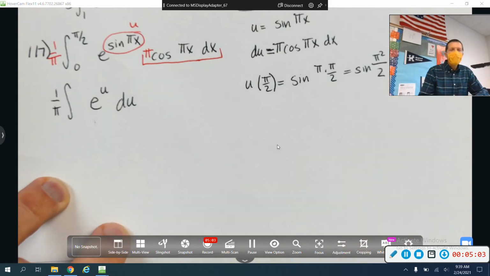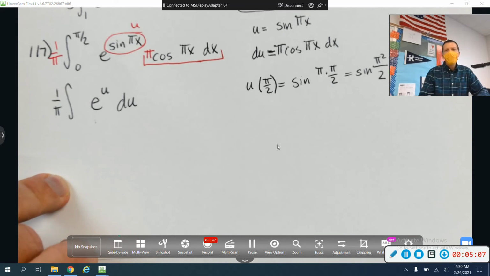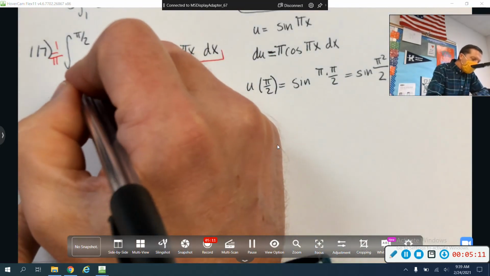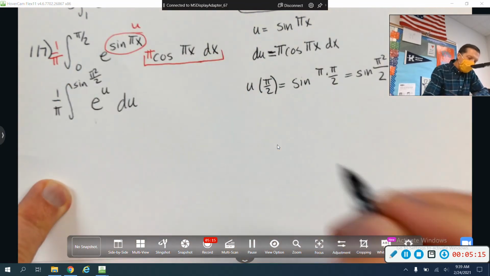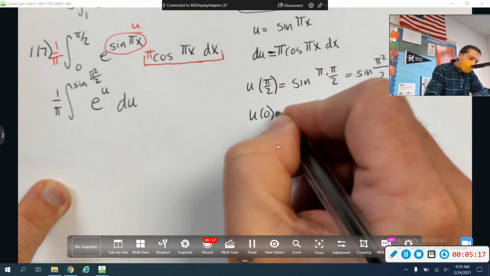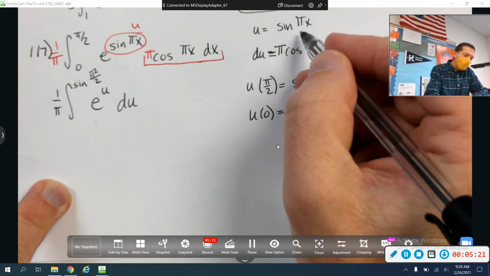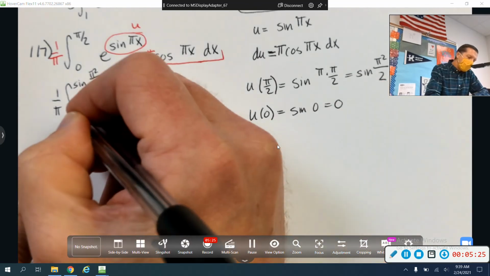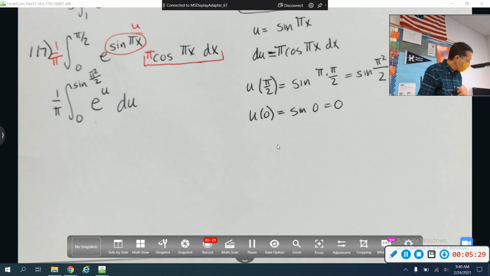And that makes me think that they made a mistake somewhere, because I don't know what the sine of pi squared over 2 is. I can still work this problem, though. It's just going to have sine of pi squared over 2 in it, in places. If I plug in 0, that one I can handle. Sine of 0 is 0. Yeah, I bet that's a mistake, but we'll work with it.